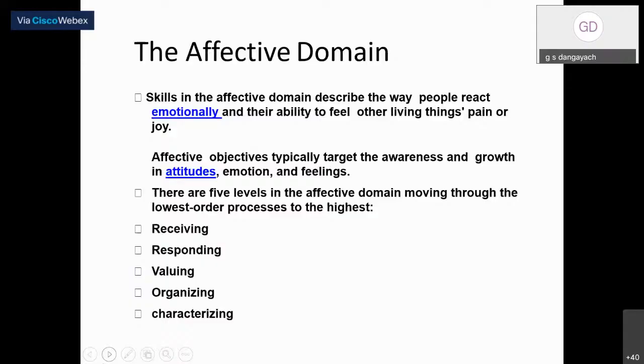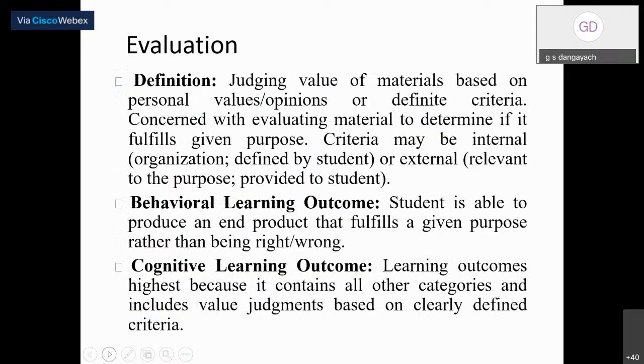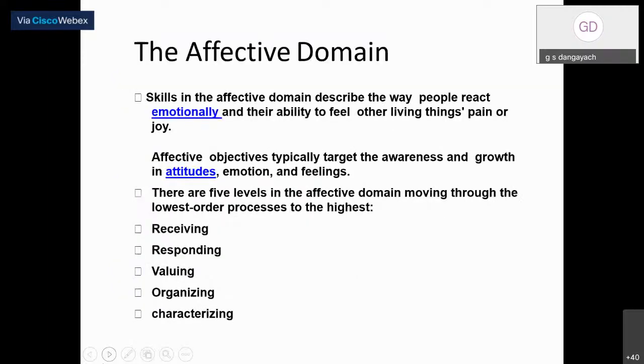Now, we have discussed till now the cognitive domain of Bloom's taxonomy. The second domain is the affective domain, which affects the person. Skills in the affective domain describe the way people react emotionally and their ability to feel other living things' pain or joy.